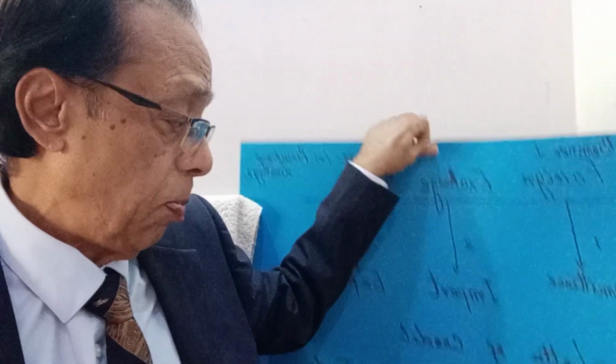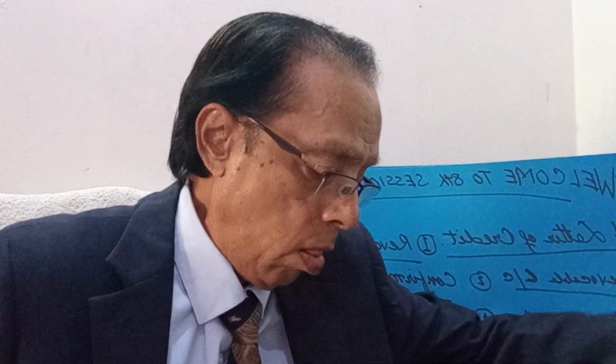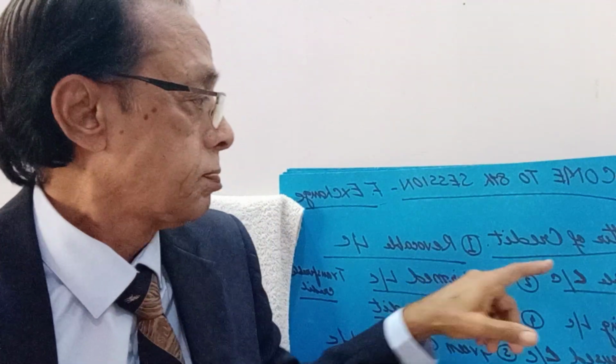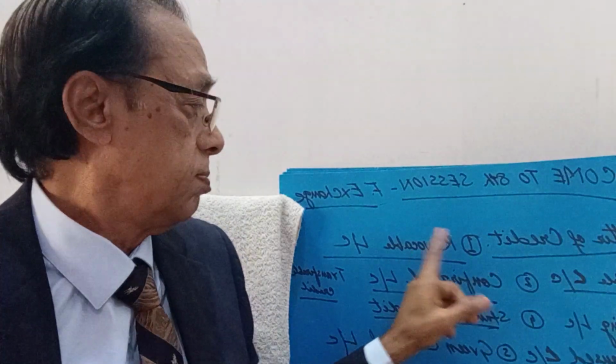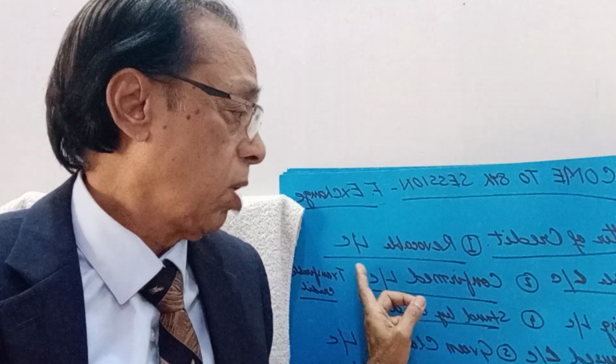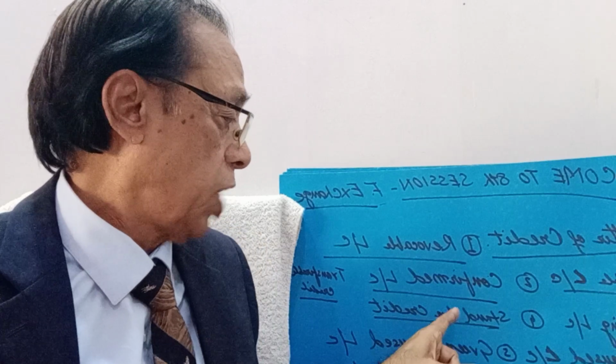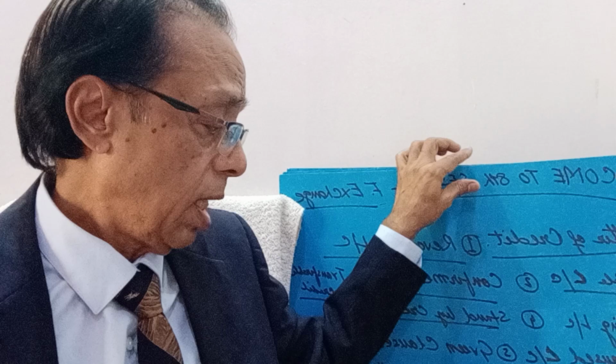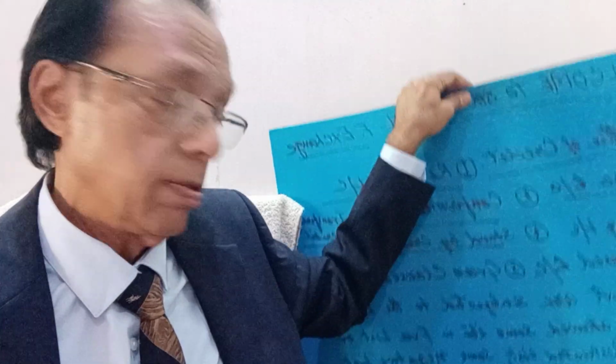All I am repeating to you again and again for your knowledge. Types of letter of credit: revocable, irrevocable, revolving, standby credit, red clause LC, confirmed LC. These are the qualities of the letter of credit.